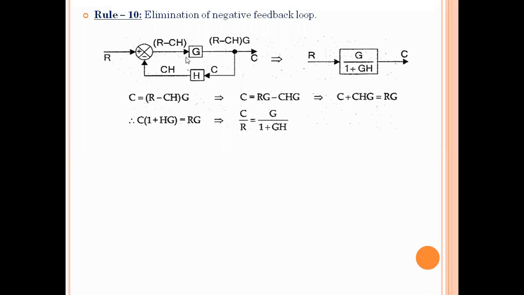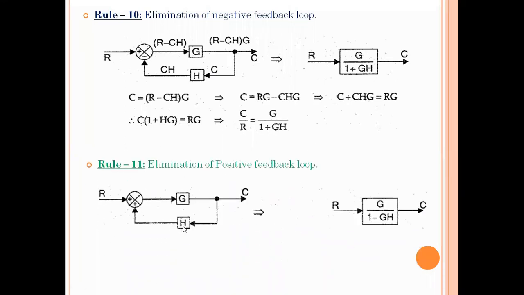We will get the gain of this entire block, which is G by 1 plus GH. This is the task for you. You can do it by yourself. I have clearly given the derivation here. You can see we will get it like this. And in the same way, what we have done for the negative feedback loop, we can do for the positive feedback loop.